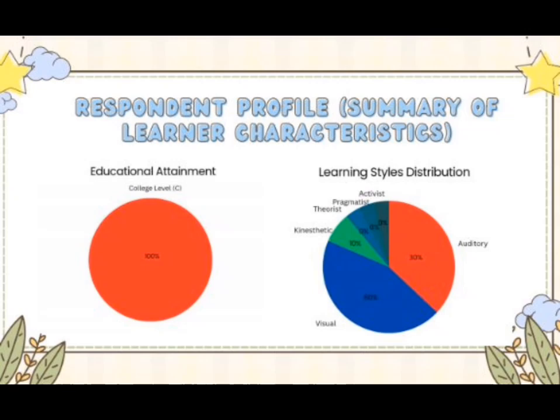The educational attainment, all of the respondents answer college level. And in the learning style distribution, most of the respondents answer visual, which is 60%, and auditory, 30%, and kinesthetic, 10%. And others are 0%.